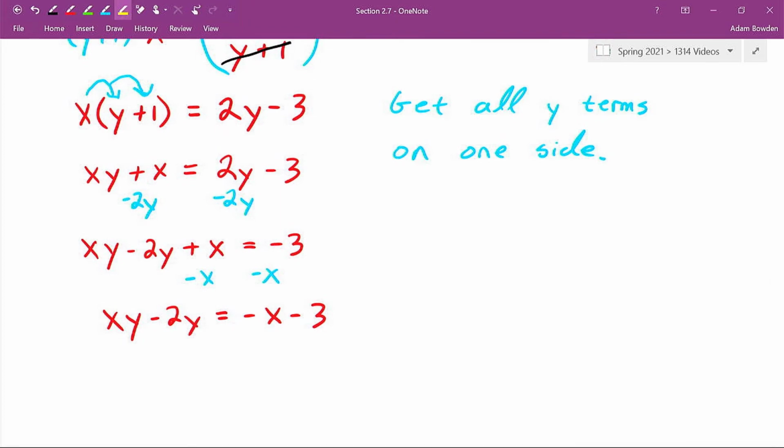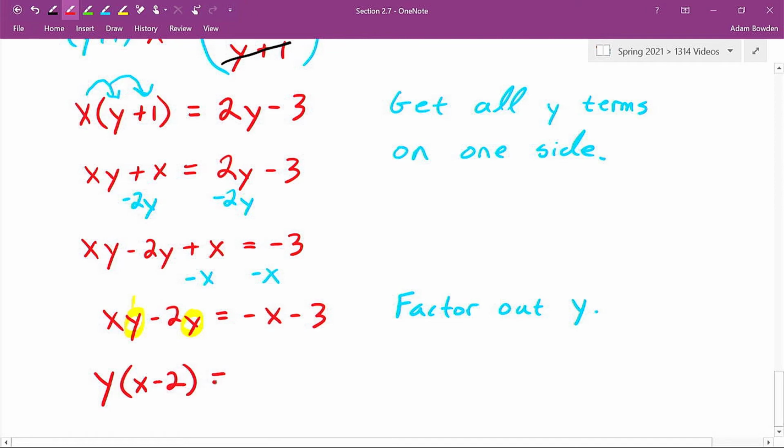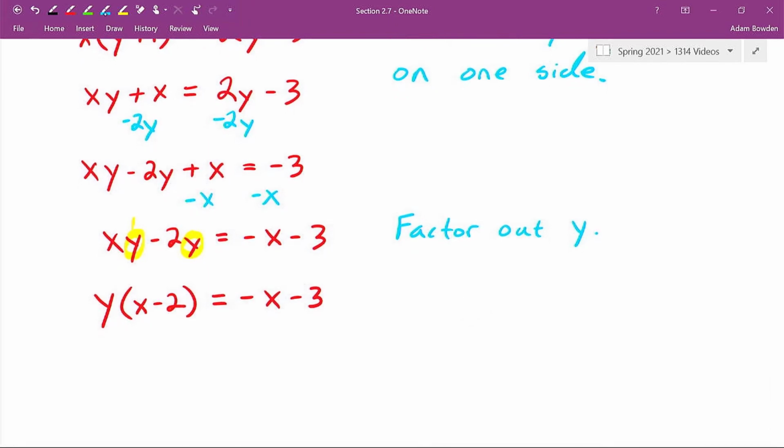Okay, now at this point, the only thing left on the left side are terms that have a y in common. So what we're going to be able to do then is factor out the y from each of those terms. And it would be y times (x minus 2) equals negative x minus 3. And now we're just one step away from solving for y.